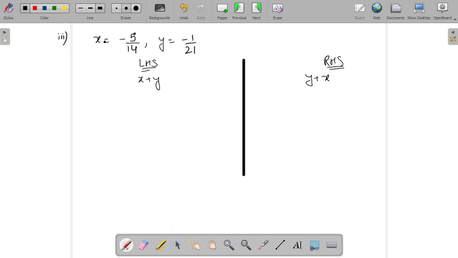The value of x is minus 5 by 14 plus the value of y, minus 1 by 21. Now what should be the next step? You have to take the LCM of 14 and 21. The LCM would be 42.